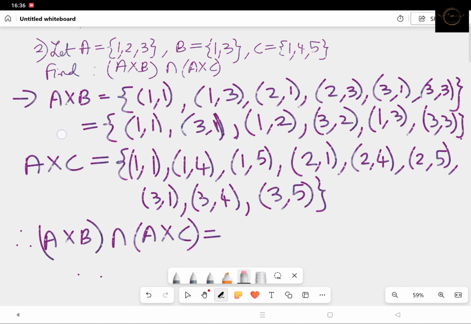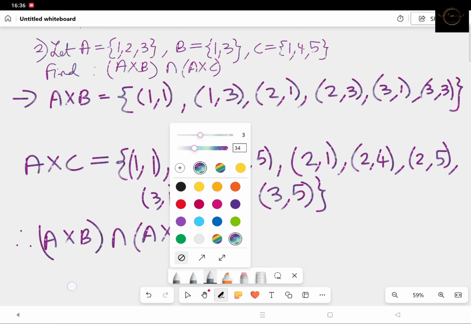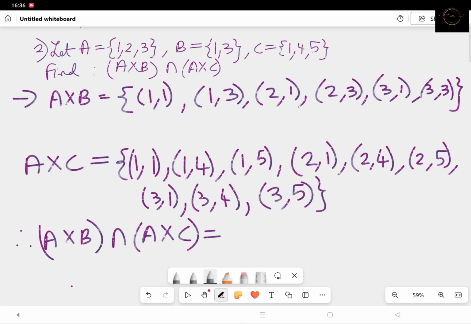I'm erasing this line because this line is not needed for this question. So, what are the common elements? Intersection means the common elements. First and foremost, (1, 1), which is common. (1, 3), is it there? No, there is (3, 1), which is not equal to (1, 3). (2, 1), is it there? Yes, (2, 1) is there in both the sets.